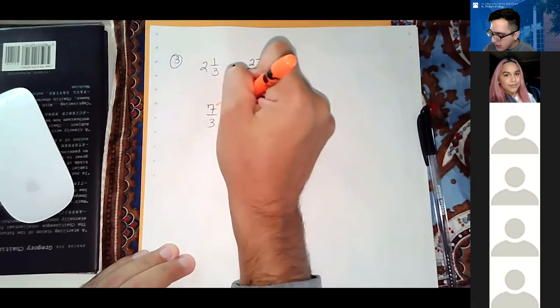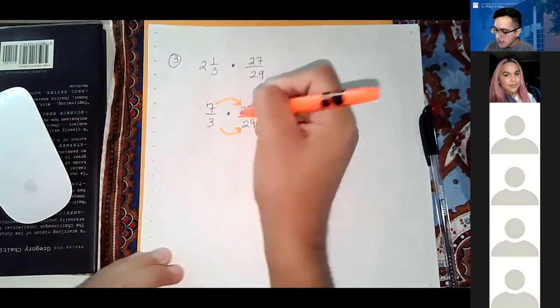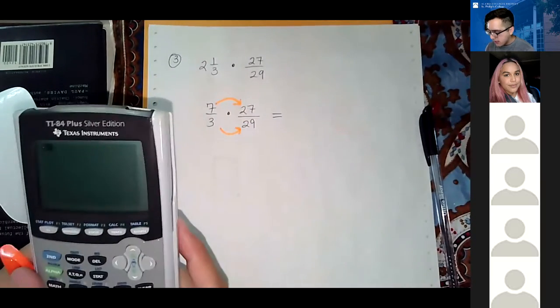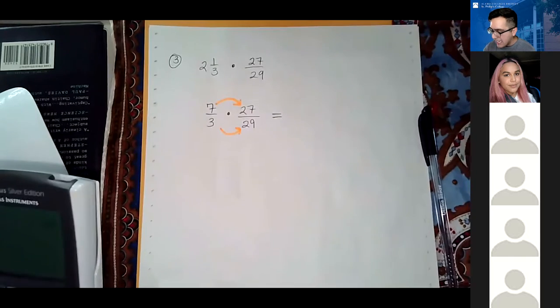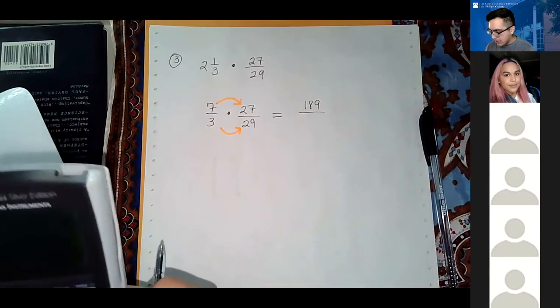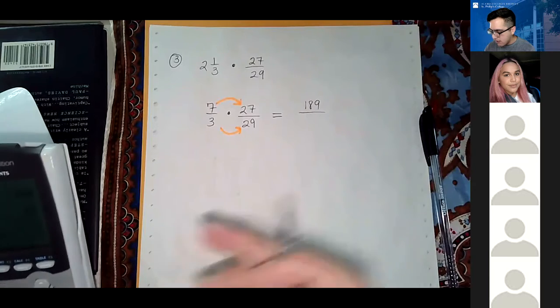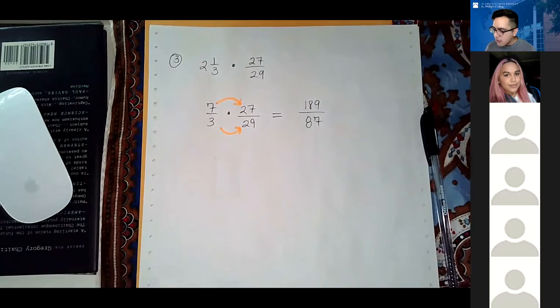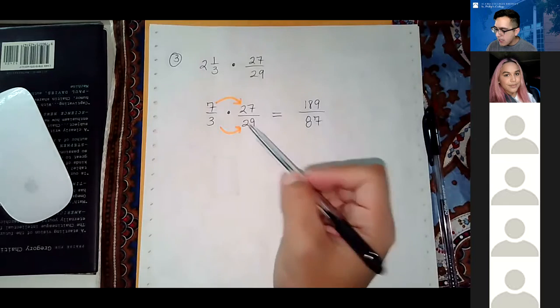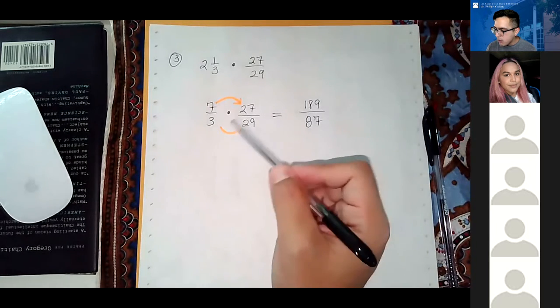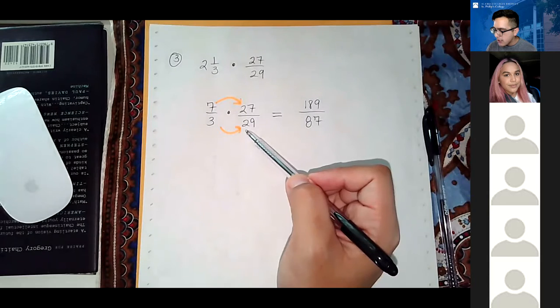So we can use our calculator to multiply these numbers since 7 times 27 is sort of a large number. 7 times 27 is 189. 3 times 29 is 87. And the whole reason for me trying to see if they had common factors here or if they were prime was to see if I could simplify or reduce something beforehand.